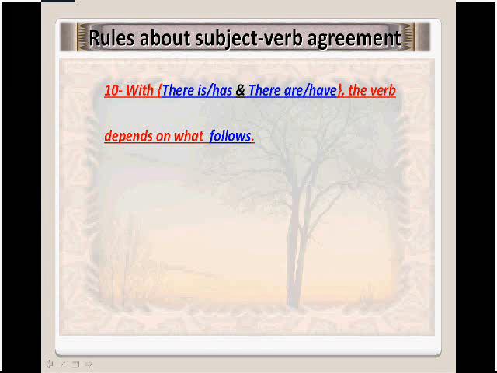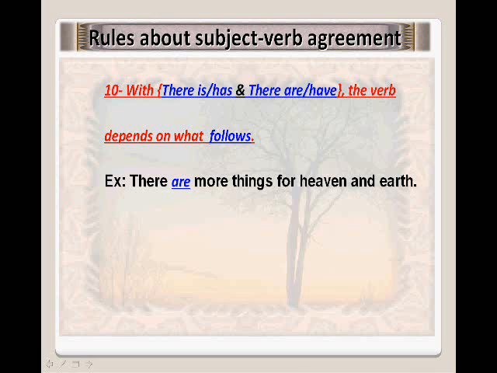Also, when we look at there is or there has, there are or there have, the verb depends on what follows. So let's have a look at some examples. There are more things in heaven and earth.